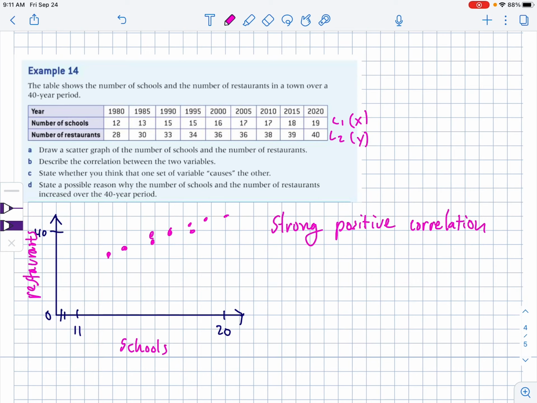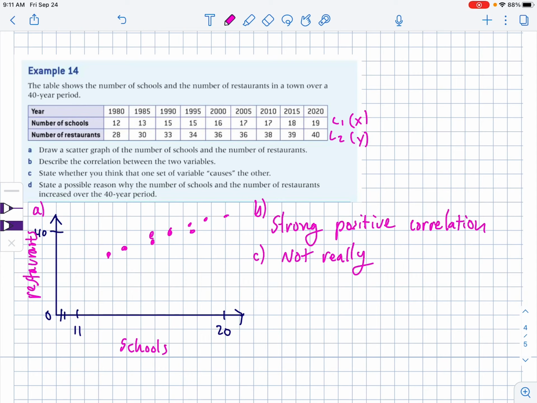State whether you think that one variable causes the other. I don't think they directly cause each other. So this was part A, this was B. Does one cause the other? Not really. It's not like if you build a restaurant, then a school gets built.